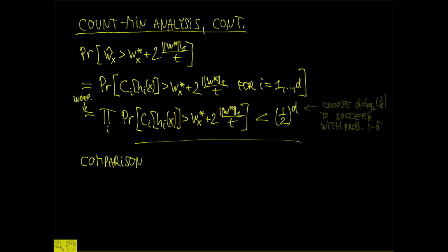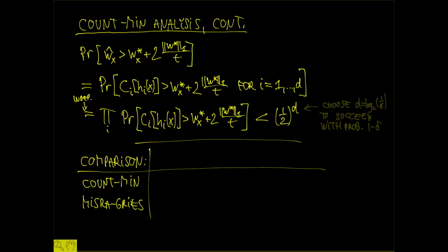It's instructive to compare the properties of count min and Misra-Gries. The space usage for count min is d times t counters, and for Misra-Gries it's k, but it's k pairs. So the unit is different.